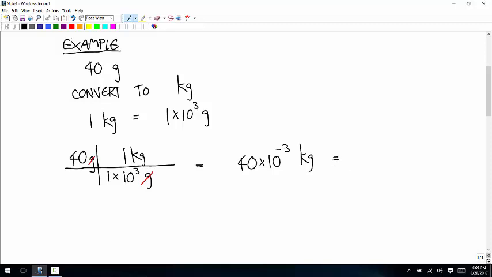Divide by 10. That means you have to multiply this by 10. So we have 4.0 times 10 to the minus second kilograms. Any questions about that one?